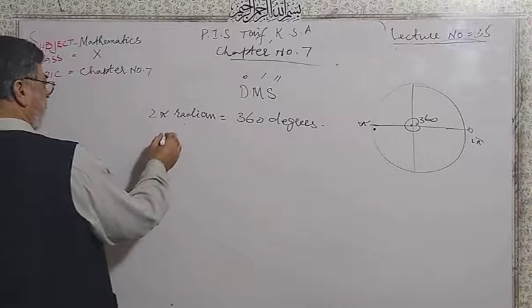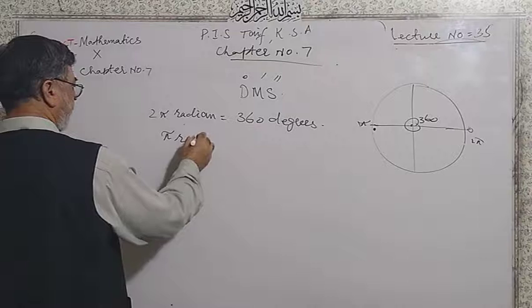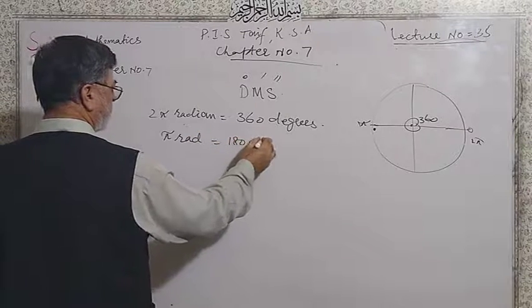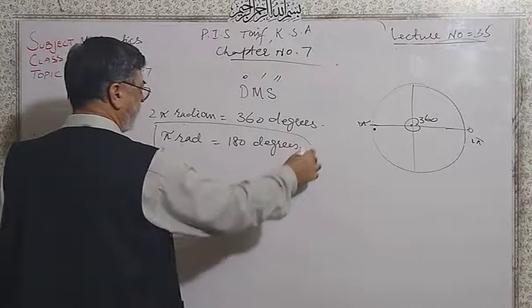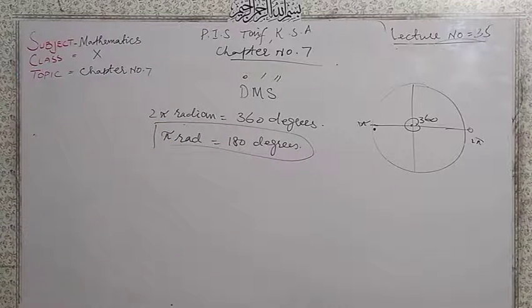Or you can say pi radians is equal to 180 degrees. This is the relation between radians and degrees.